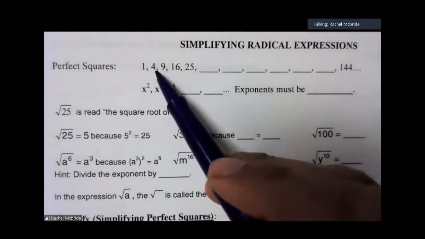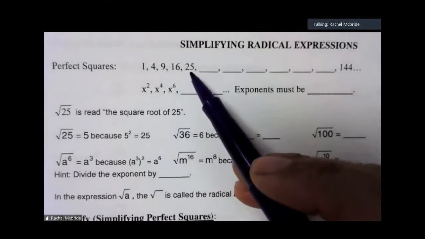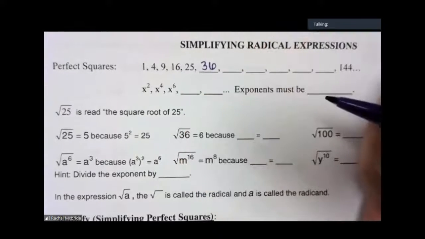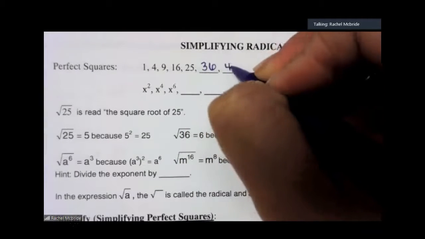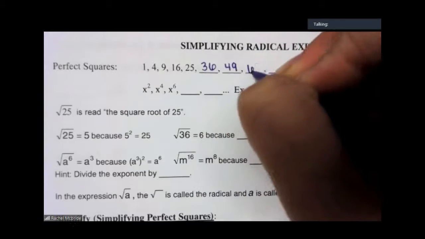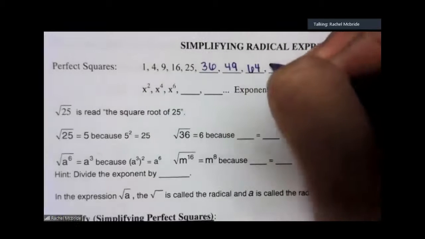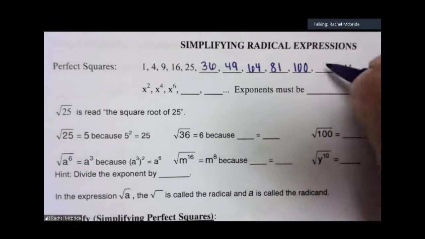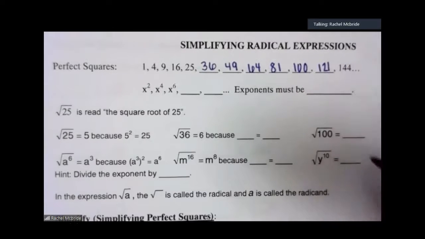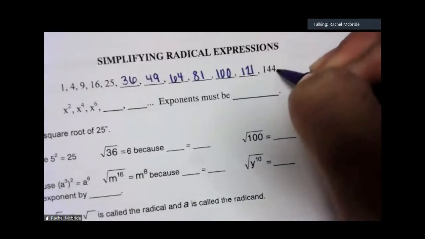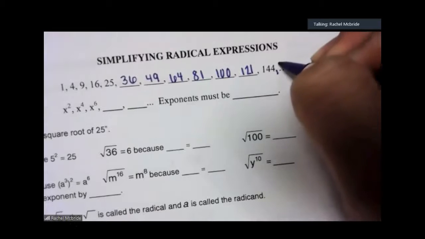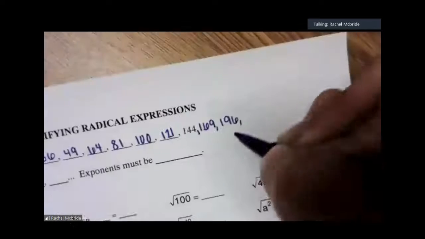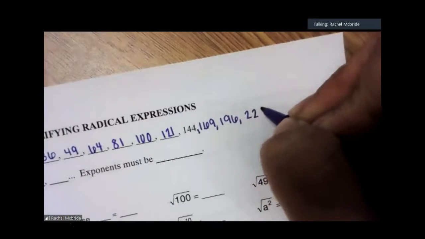So 1, 4, 9, 16, 25, 36, 49, 64, 81, 100, 121, good, let's keep going, 144, good, excellent.